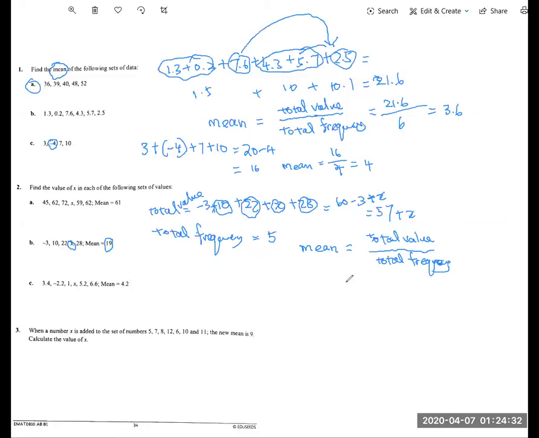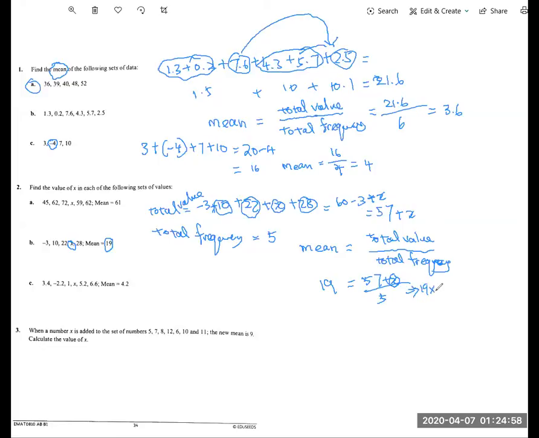In this question, the means is given and the total value is 57 plus x. Total frequency is 5. Now we have an equation where x is the unknown. To simplify this, it is 19 times 5.